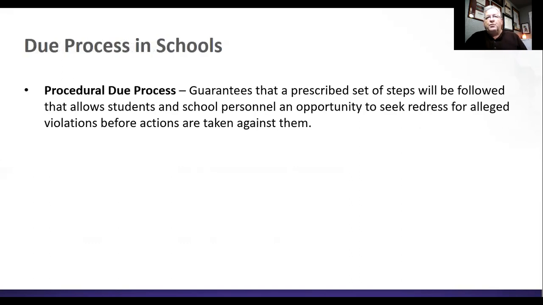So procedural due process. An example of procedural due process would be, most of you have in your teachers' handbooks, and probably even in your student handbooks, a way for teachers and or students to appeal a decision through what's called a grievance policy. So you probably have something like a grievance policy as an example of procedural due process.